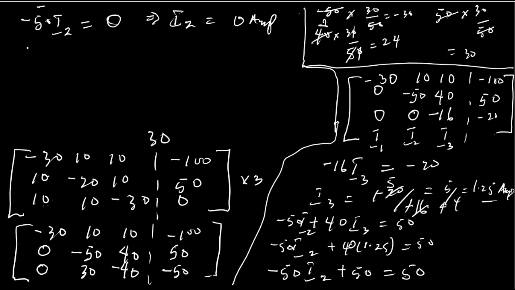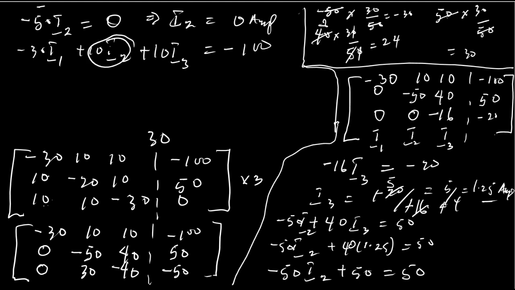From the first rule, we have that minus 30 I1 plus 10 I2 plus 10 I3 equals minus 100. I2 is 0, so obviously everything I have here is 0.